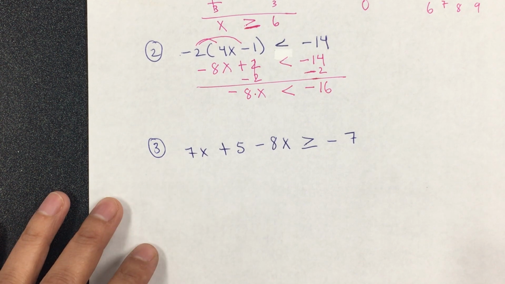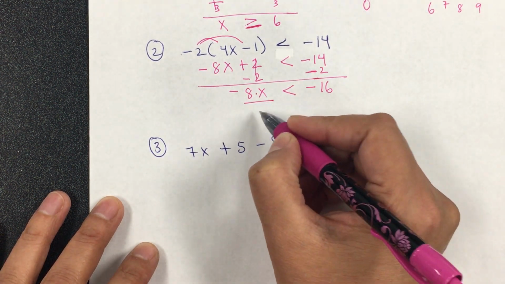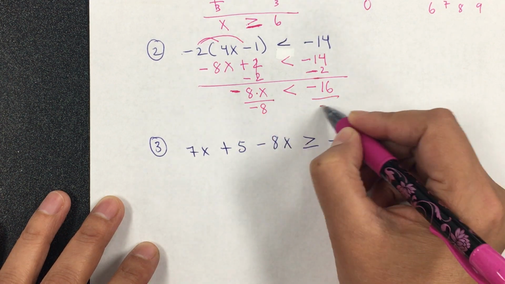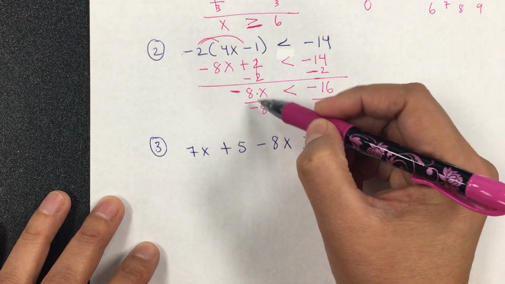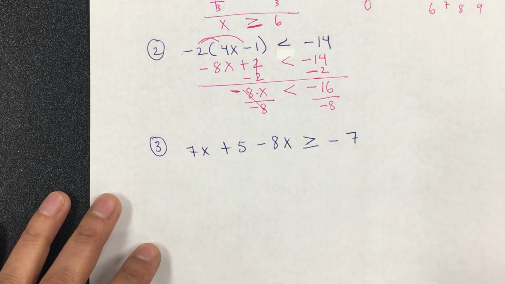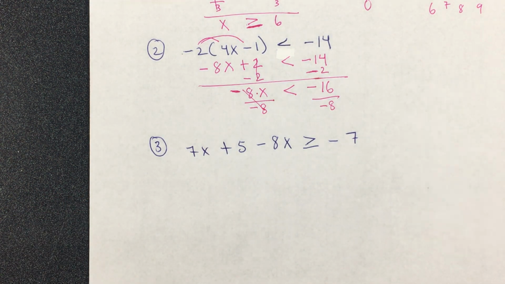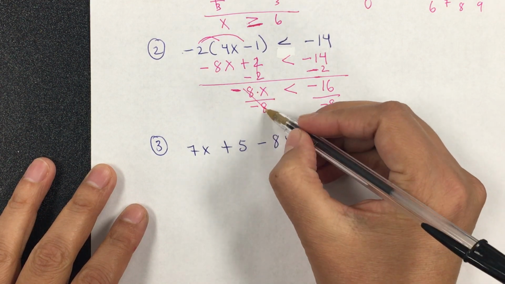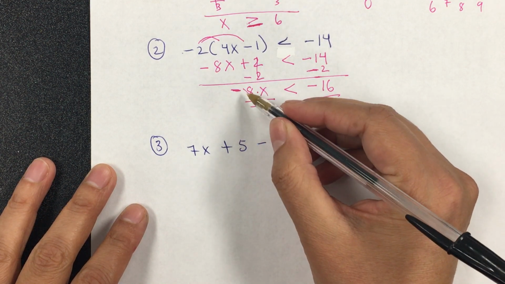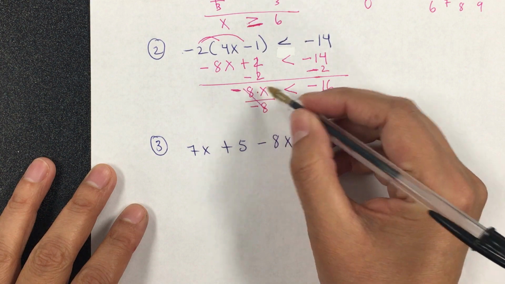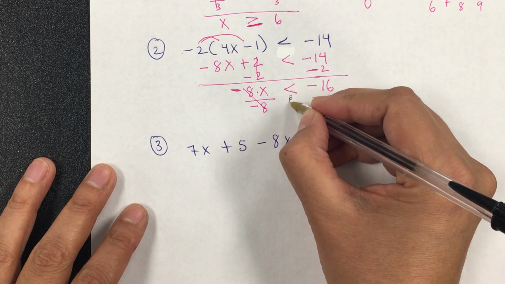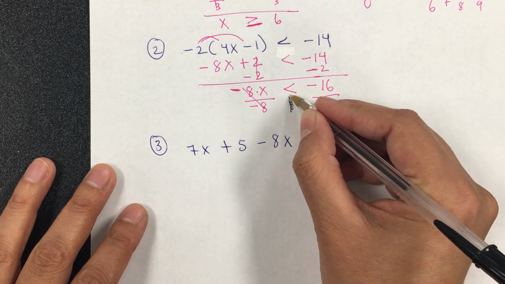The inverse operation of multiplication is division, and negative divided by negative gives me a positive. Otherwise, I would end up with a negative x, and I don't want that. Anytime that we're dividing by a negative or multiplying by a negative, that means that this inequality symbol is going to switch.